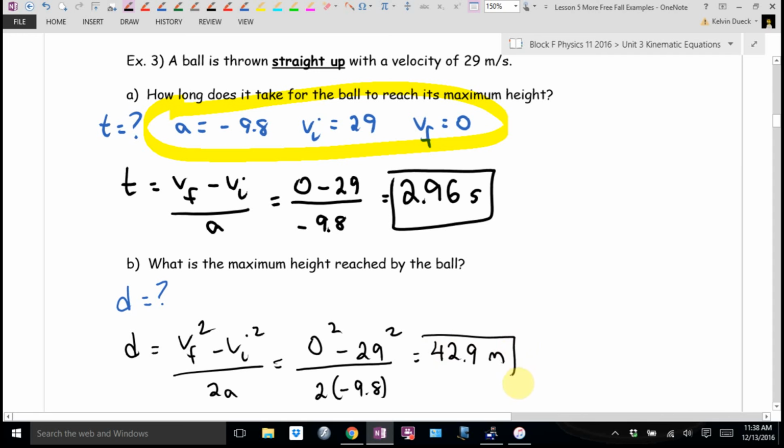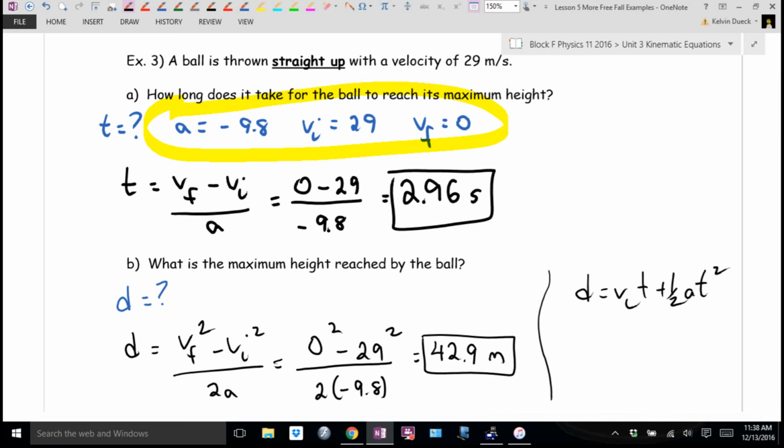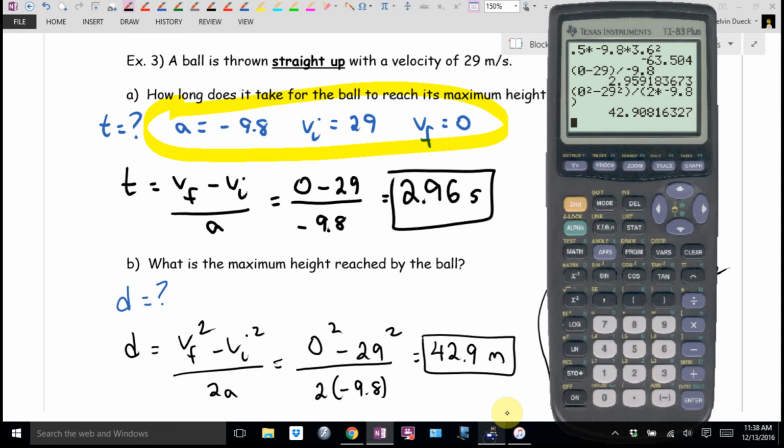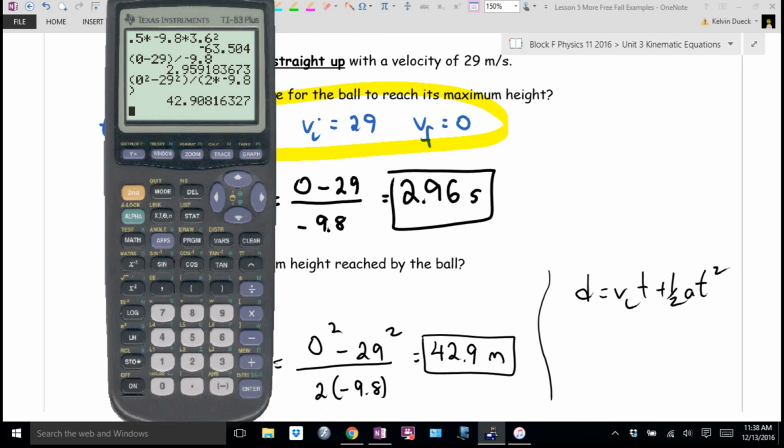Meters. All right. Let's suppose I gave this as a test question, which I will, and you finished the test early. Another way to find distance would be using that equation and your answer from part A. Before you hand the test in, you could really quickly just try crunching this on your calculator.